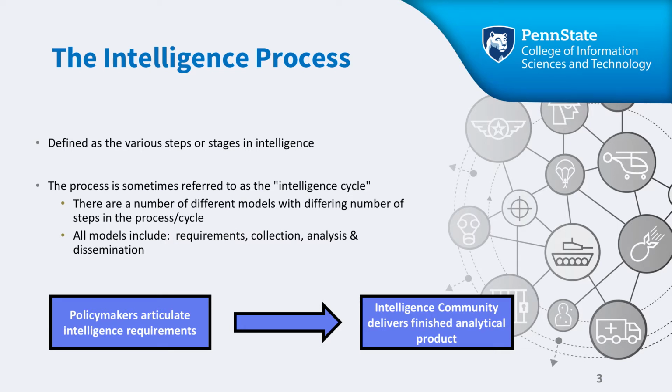The process is sometimes referred to as the intelligence cycle, and there are a number of different models with different numbers of steps, but basically all models include the establishment of requirements, collection of intelligence, analysis of intelligence, and the dissemination or passing on to the people who need to see it of that intelligence.